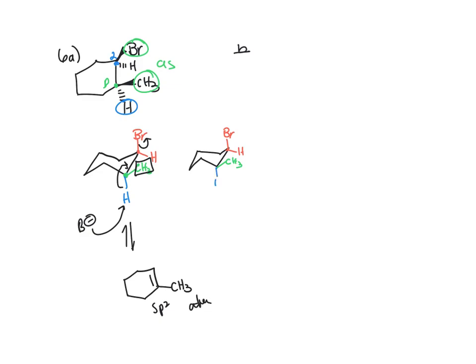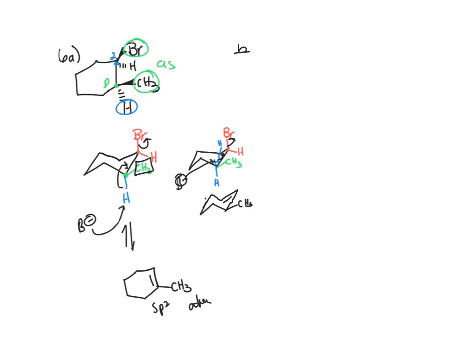Okay, so there's that hydrogen. But you also have this back hydrogen here. So the base can take this back hydrogen and the bromine leave. And then you basically have, I know I can draw that better.